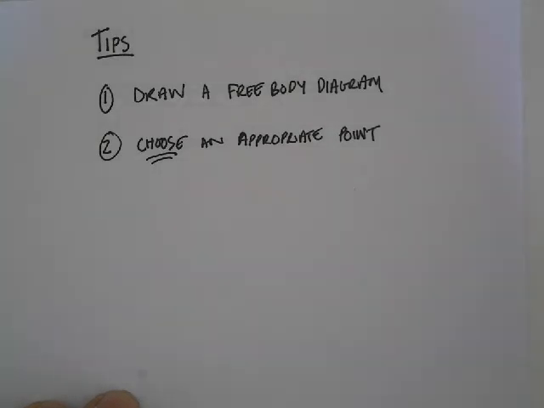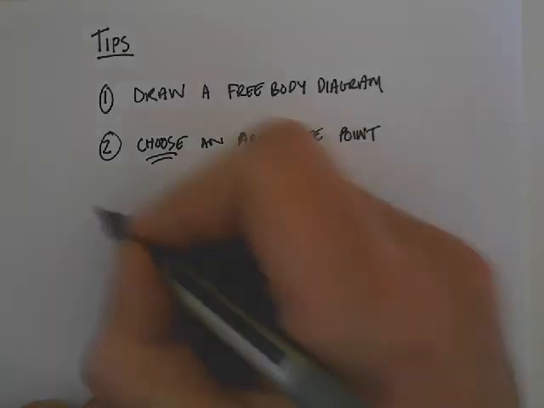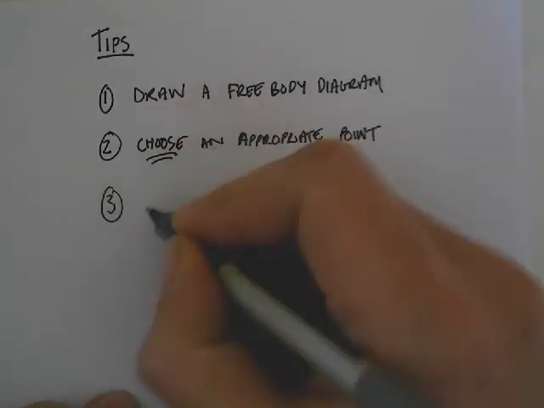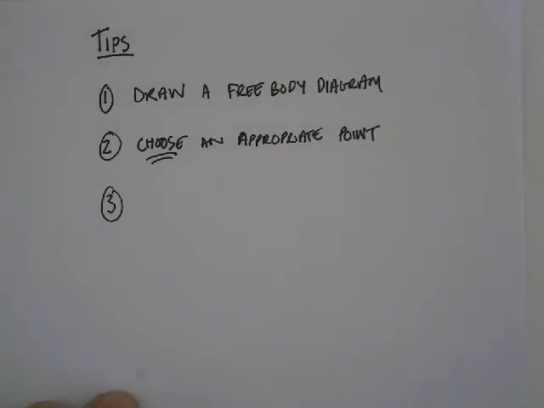Sometimes you'll have to do that about 1 point, sometimes about 2 different points in a particular question. Basically, the idea is that if you've got 2 unknown forces, if you take a moment about the location of one of those unknowns, it doesn't contribute to the moment. And therefore it disappears from your equation and you can find out the other unknown thing.